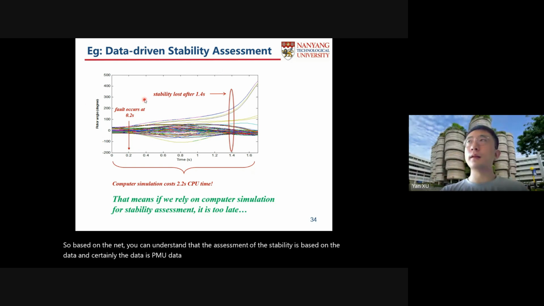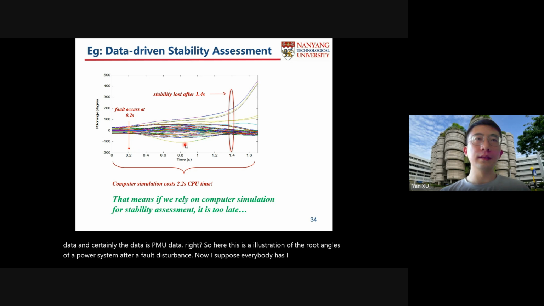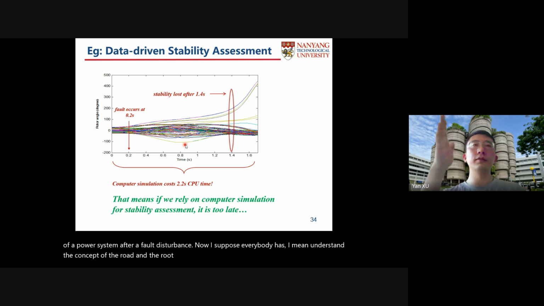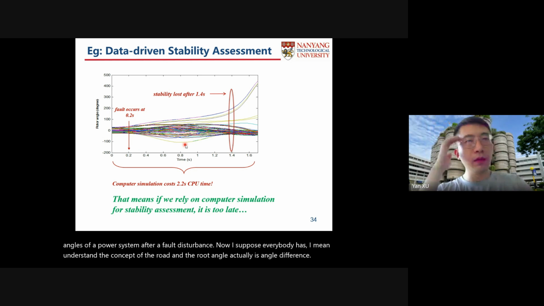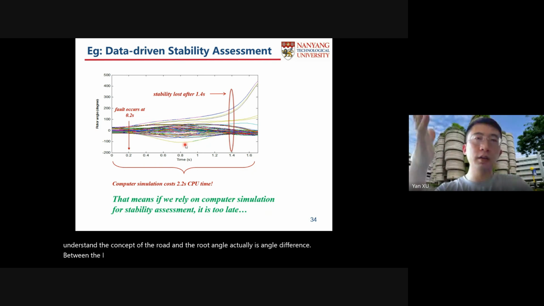So here is an illustration of the rotor angles of a power system after a fault disturbance. Now, I suppose everybody understands the concept of the rotor angle. The rotor angle is the angle difference between the generator bus voltage and its internal voltage E, right?